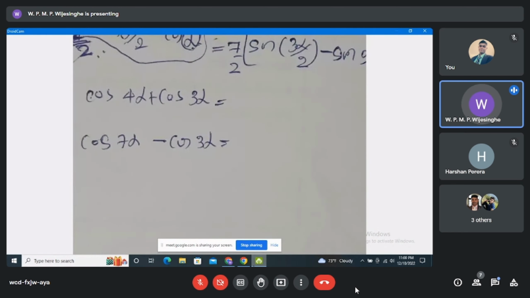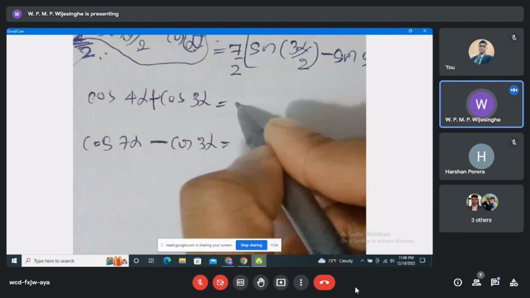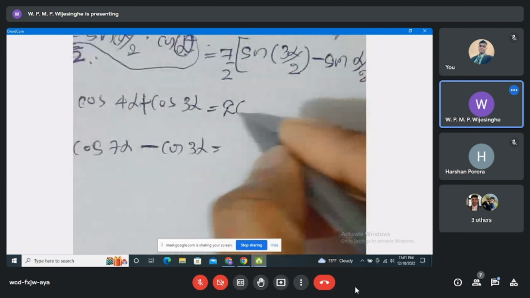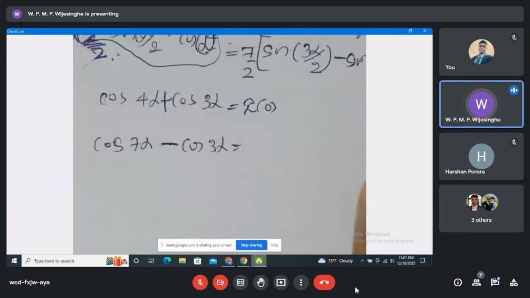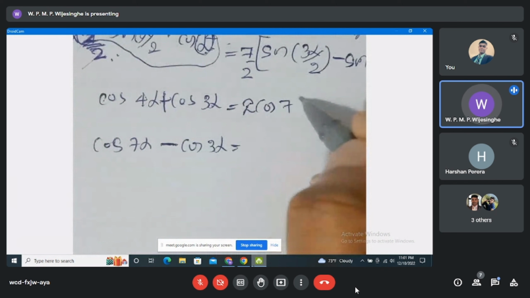Okay. Here there is a summation. So it should consist of cos only. If it is minus, then it should consist of only sine. Then let's write this 2 cos, addition of these two angles 4 alpha 3 alpha, it is 7 alpha divided by 2.